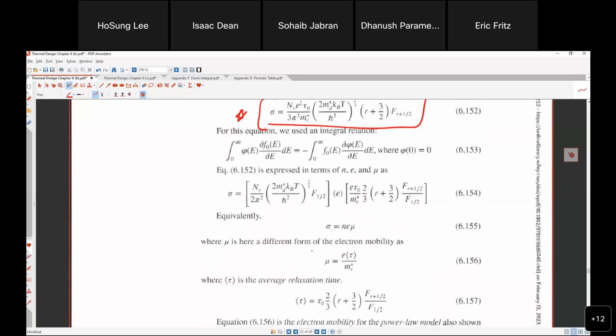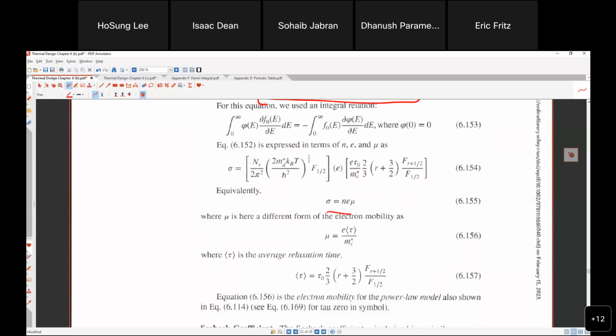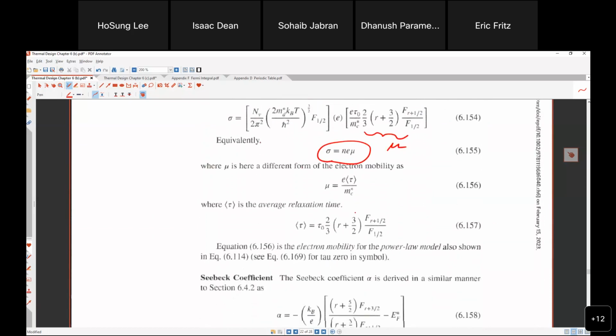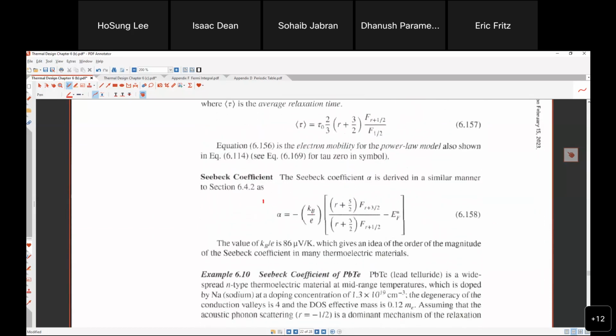Look at that. This is mobility, everything we define. It's hard to see the integral. Everything is tied together, but it's related to the Fermi energy. But this is a semiconductor.